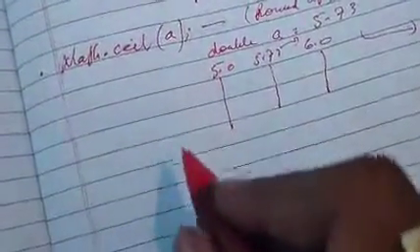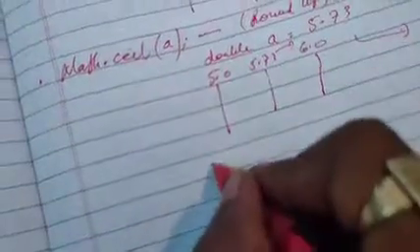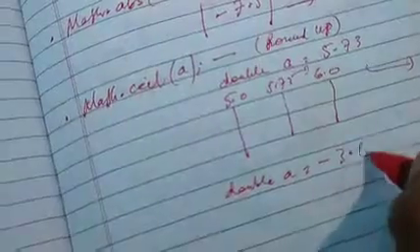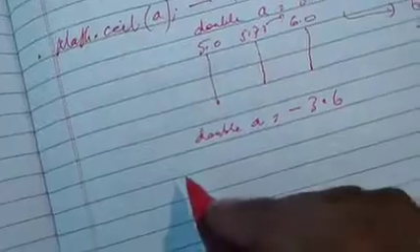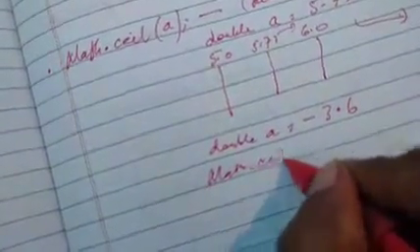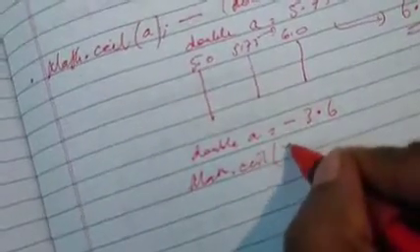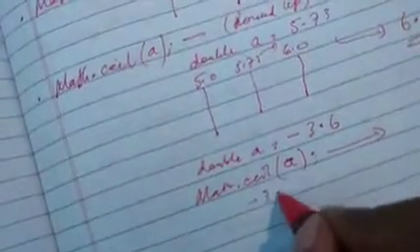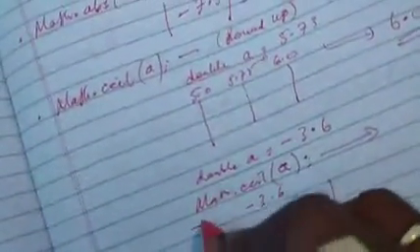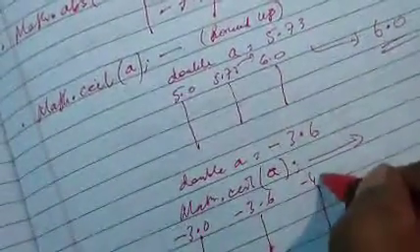One more example related to a negative number. Suppose double a is equal to minus 3.6. Normally in approximation it goes to minus 4.0, but here, if I write math.ceil(a), what is the answer I am going to get? Minus 3.6 lies between two negative whole numbers, minus 3.0 and minus 4.0.